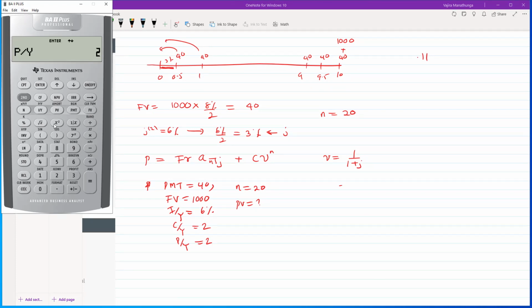Then payment per year 2, compounded per year 2, and n is 20. Anyway, I'm re-entering the same thing again: future value 1,000, payment 40. Okay, now let's complete the present value. So it's 1,148.77.